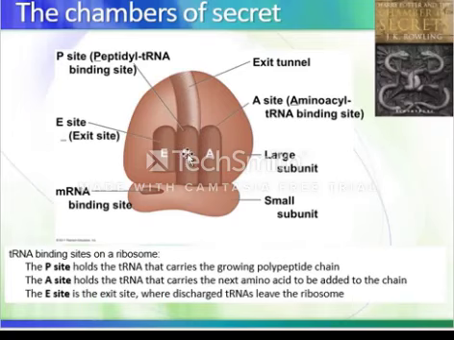The tRNA, after linking the amino acid to the polypeptide chain, will transfer into the exit site and will exit the ribosome and be charged again with an amino acid, and again back to the A site for continuing the protein synthesis. So here are the general structure and functions of the chambers in the ribosome.